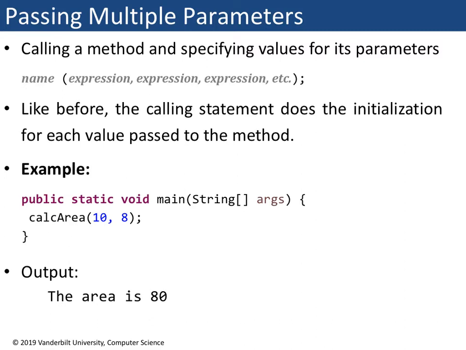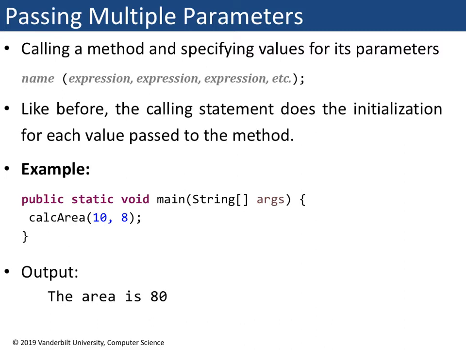Well, we're going to extend that just like we did the declaration, and we're going to separate each parameter we intend to pass by a comma. So we have name followed by parentheses, and then we have an expression for each of the parameters which we are passing to the method. So just as before, the statement which calls the method actually is initializing each value for each parameter.